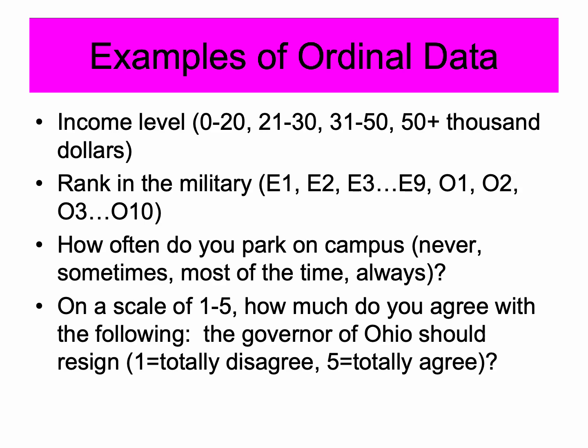We only know that one is more than the other. We don't know how much more. If you say you really like something and you rate it a 10 on a scale versus someone else that says an 8, how much more, right? Again, we don't know. We assume that the person who selected 10 likes it more than the person who selected 8, but we don't know how much more.